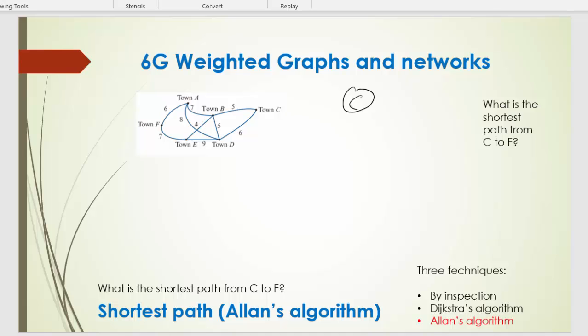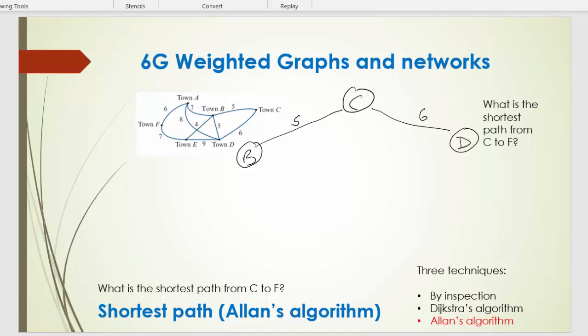Now, we're going to make a sort of tree diagram, so you need to spread out initially the nodes so that you've got room to make more tight nodes underneath. So C goes to B, and C goes to D. C goes to B is 5 and C goes to D is 6.